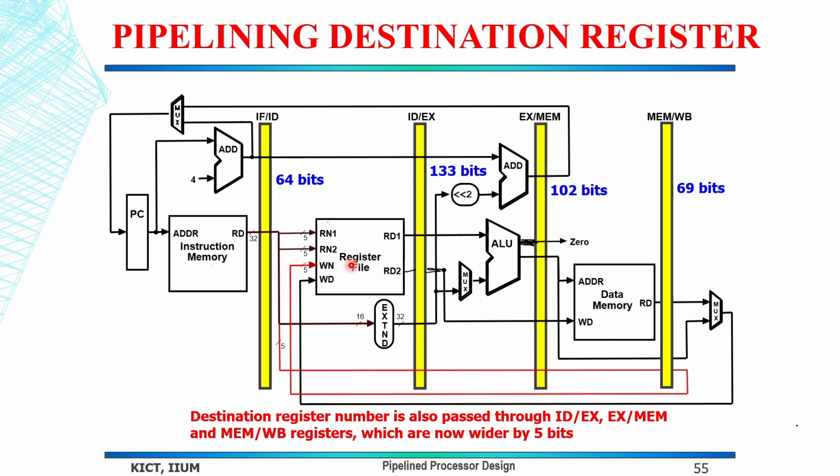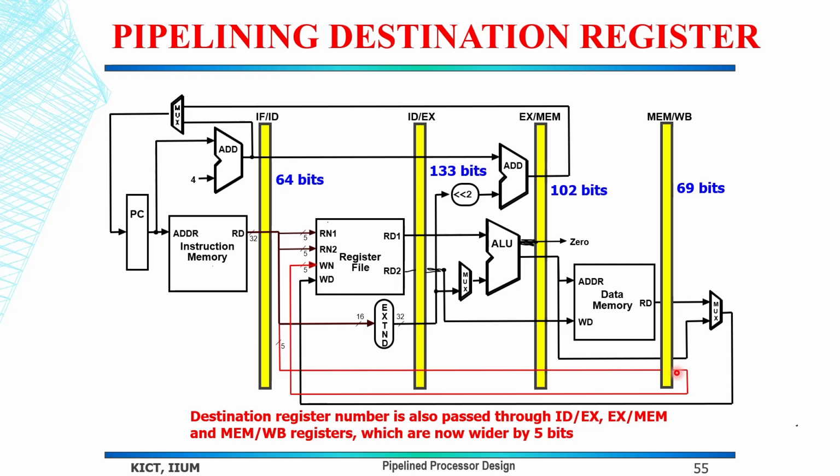But the write back stage happens several cycles later, after execute and memory access. So if we don't save the destination register number, we will forget which register to write to by the time we reach the write back stage.